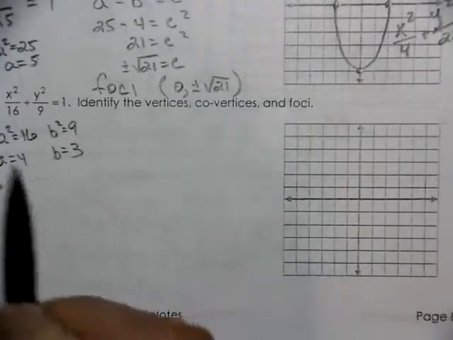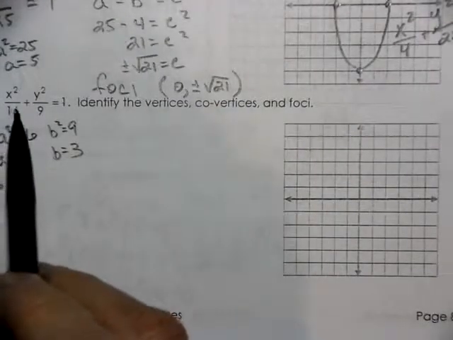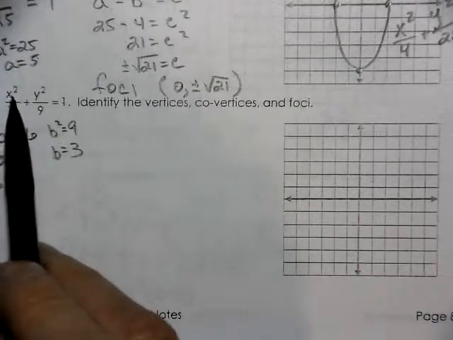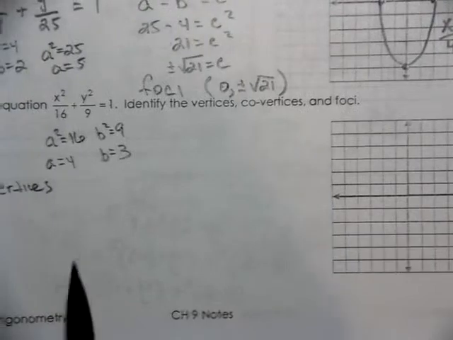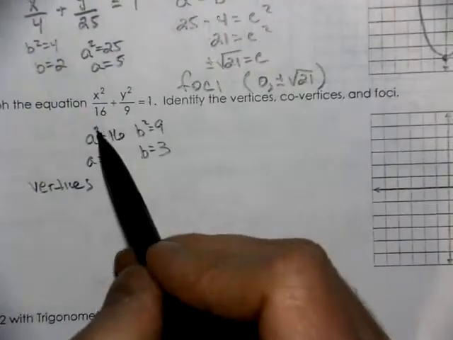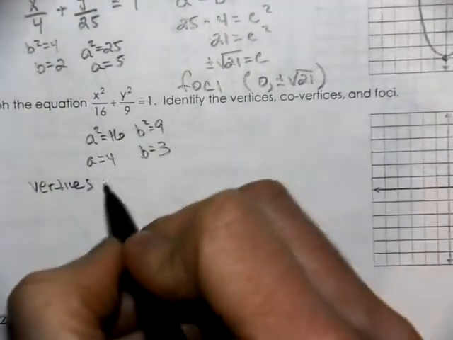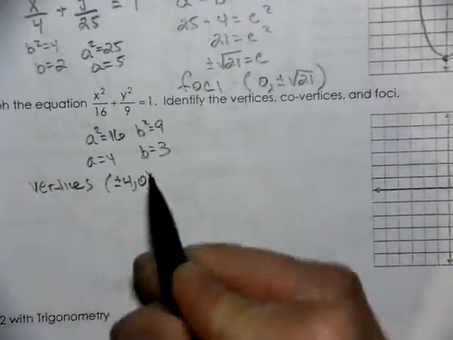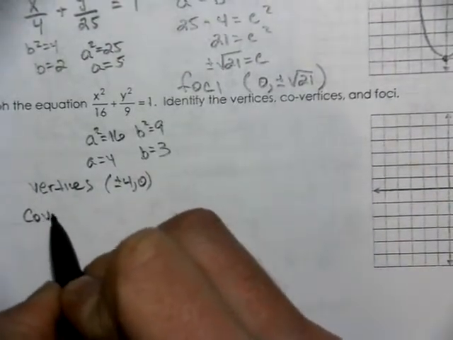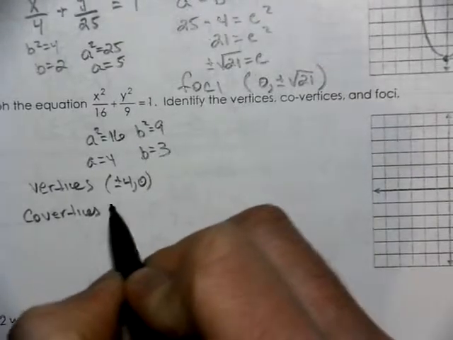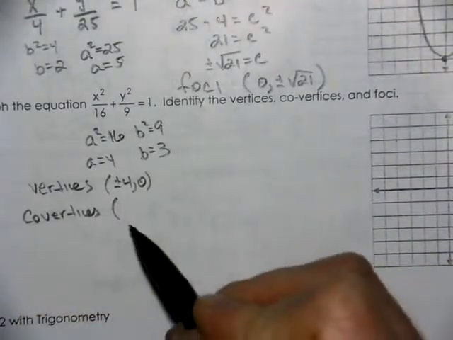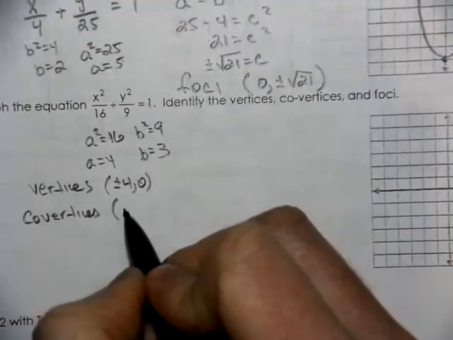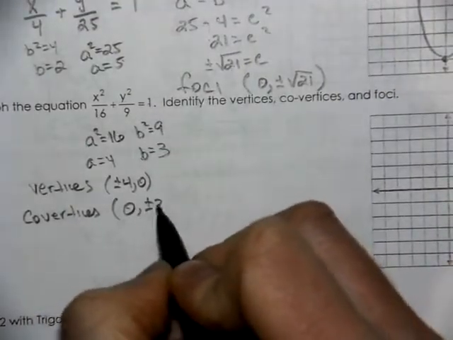Our vertices, if you think about our graph, it's going to go right and left because the a value is underneath the x. So these are going to be plus or minus 4, comma 0. Your co-vertices are going to follow the y, so they're going to be part of the y value, so it's plus or minus 3.